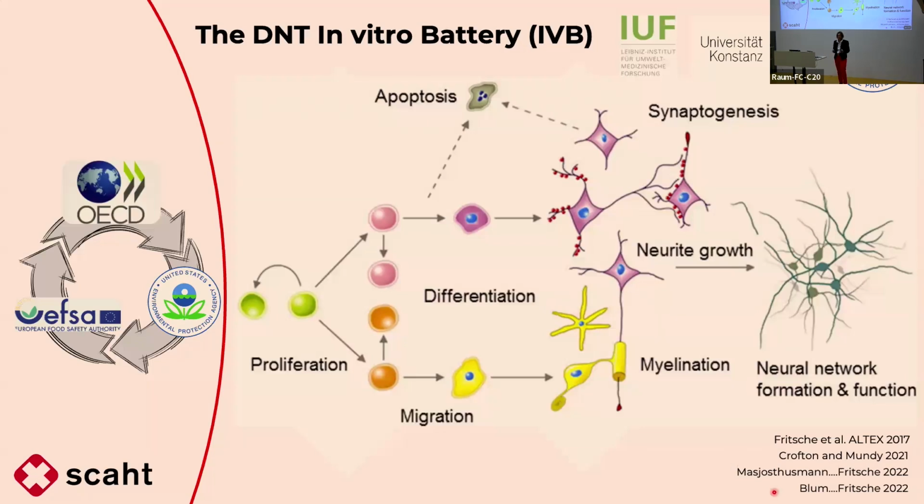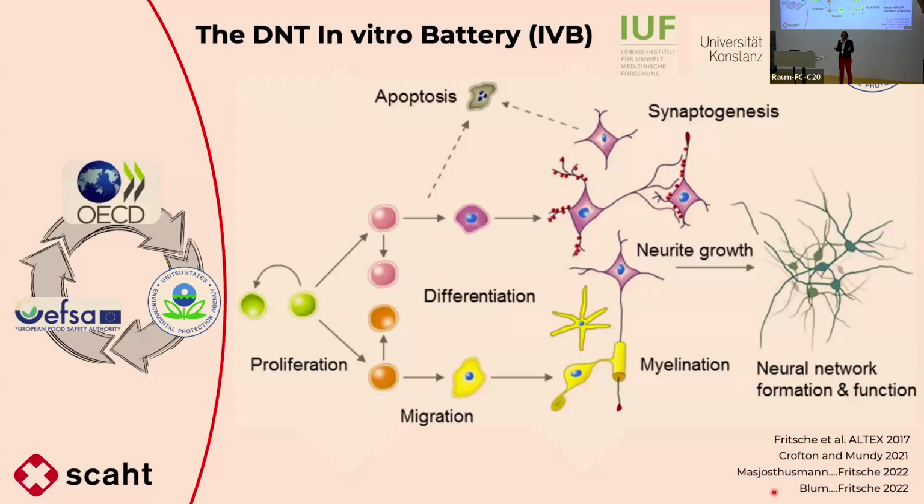and in the end, we need the formation of a functional neuronal network. And so these processes are, of course, not the only ones that have to work out, but they are so basic that a group of experts that formed internationally many years ago decided, okay, if one of these processes is disturbed, we will have an adverse outcome for the brain.